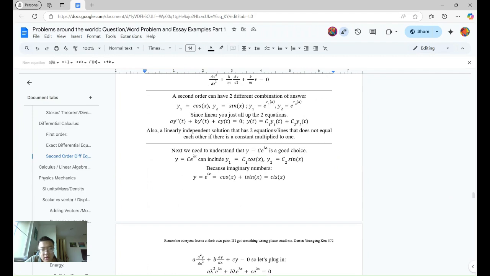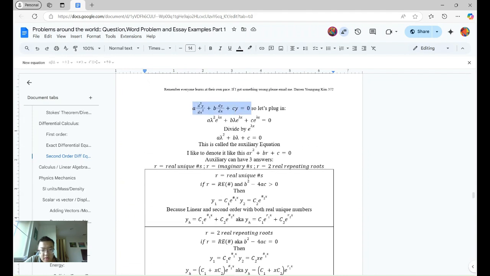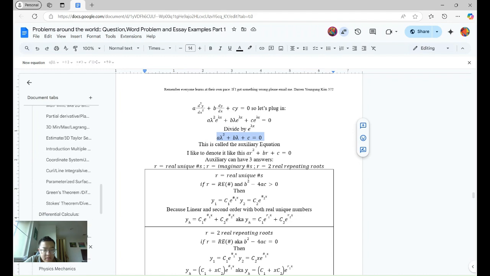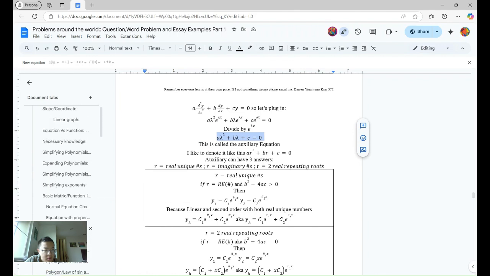So what does that mean? When you go over here, because these are linear and second order, that's what we need to know. As you can see, I plug in the solutions to get this formula. This is why the quadratic formula, which I mentioned has some weird name, I forget. Let me go to the quadratic formula section.